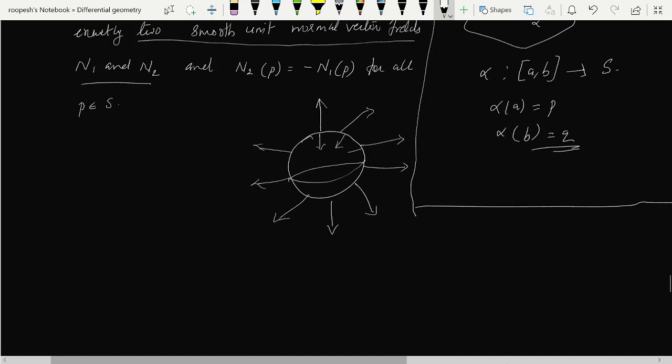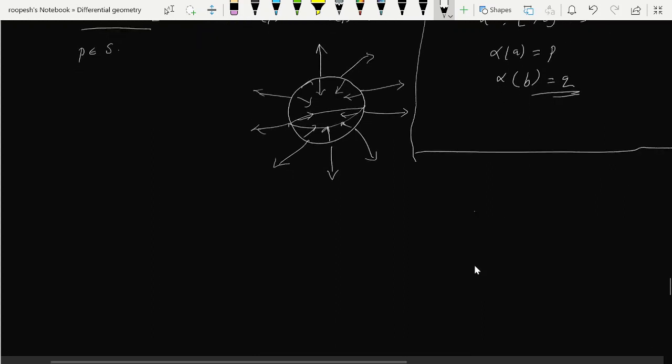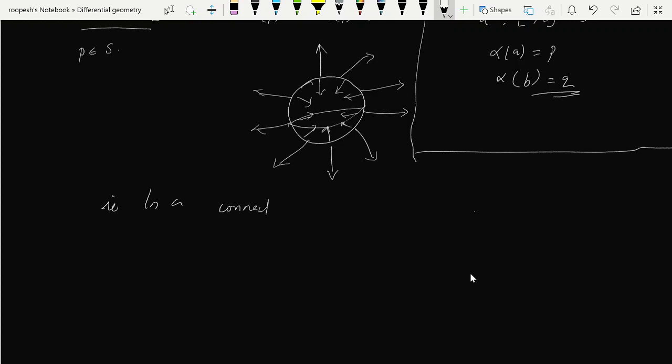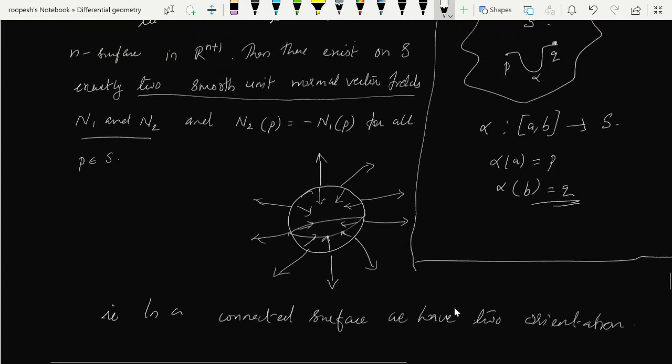So in a connected surface we can give two orientations, right? That is, in short, in a connected surface we have two orientations, and we have seen that one is going to be the opposite of the other. So that's why we are saying that n2 of p is nothing but minus n1 of p.